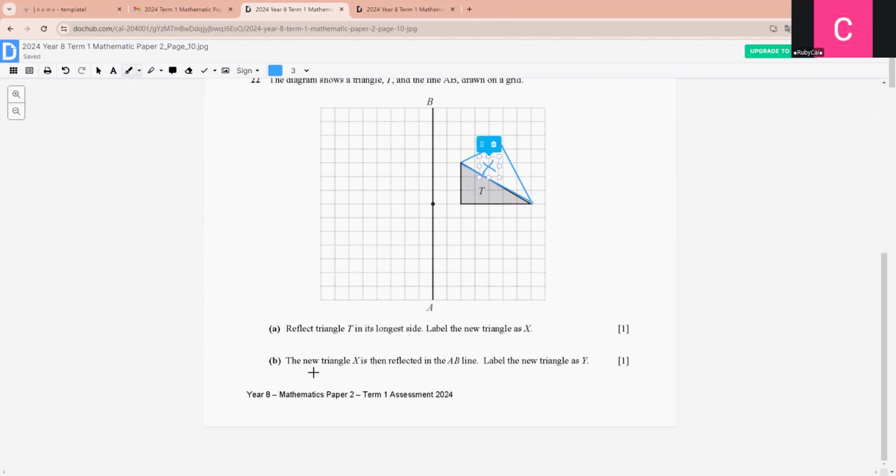Next question. The new triangle X is then reflected in the AB line. Label the new triangle as Y. So we reflect it over this line. So we draw it on this side.